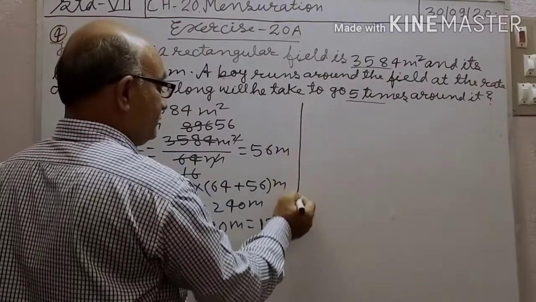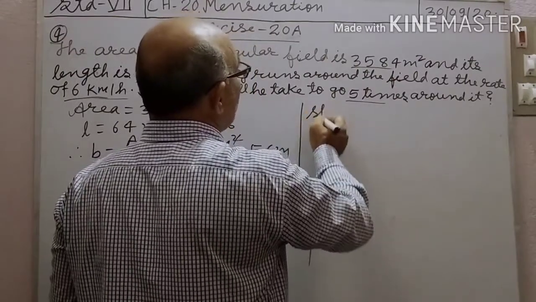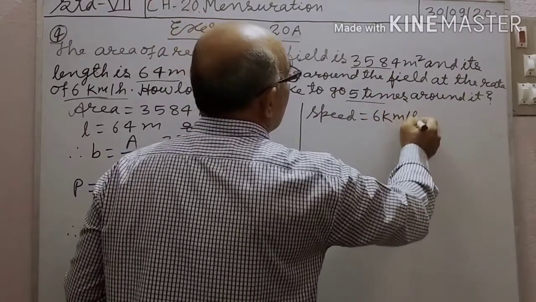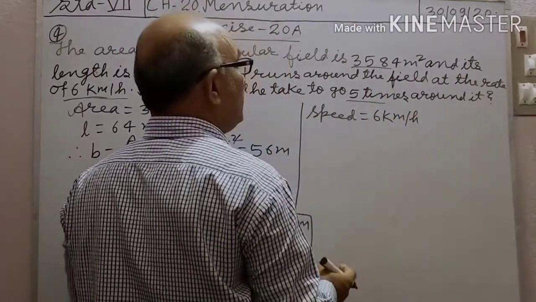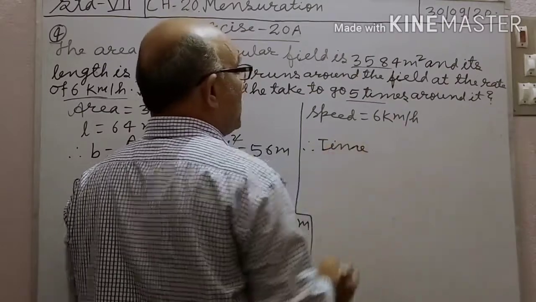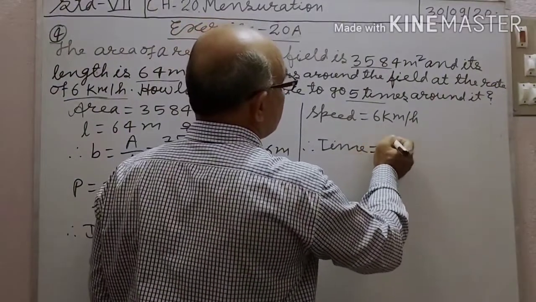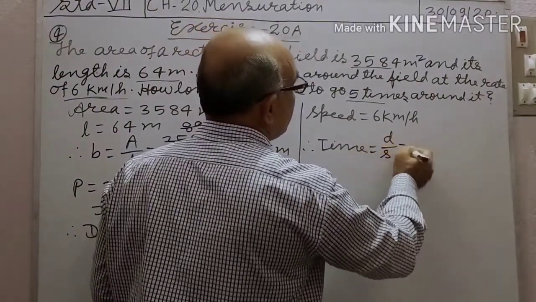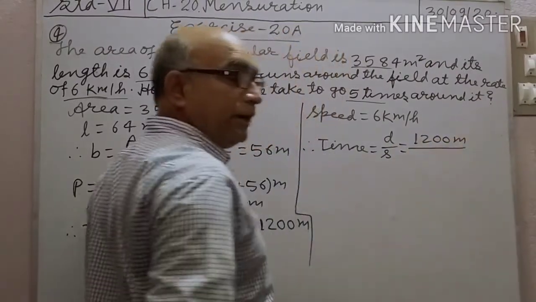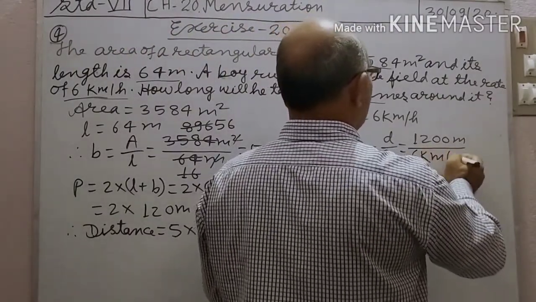Now find time. Given speed equal to 6 kilometer per hour. Speed equal to distance by time, so time equal to distance by speed. Distance is 1200 meter and speed equal to 6 kilometer per hour.